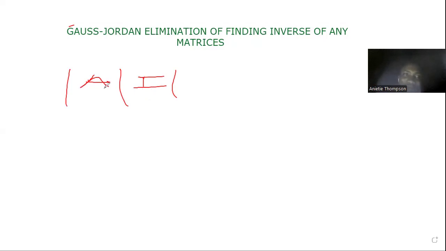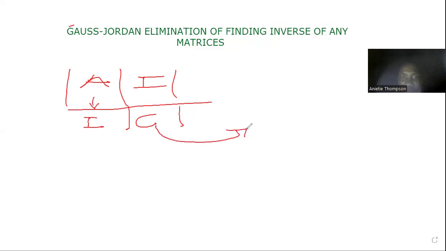By the time you carry out certain row operations on these two matrices, you find out that at the end, this side where you have the matrix A will become an identity matrix, and this part where you had the identity matrix will turn to something else. Let's call that matrix C.